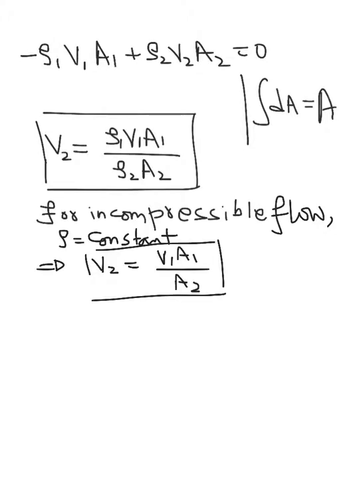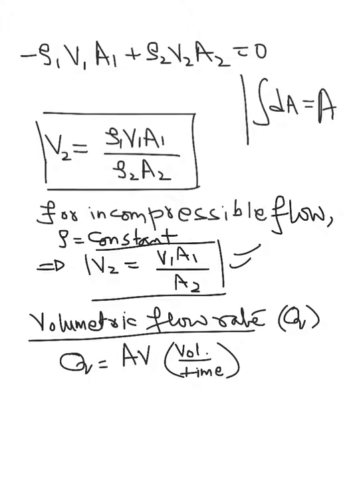Now for an incompressible flow, the density is constant, so rho 1 will be equal to rho 2, and the above equation can be reduced to this form. In this regard, I would like to mention another important parameter, which we call volumetric flow rate. Volumetric flow rate is nothing but the area of the cross section multiplied by the velocity of the fluid coming out of that section.